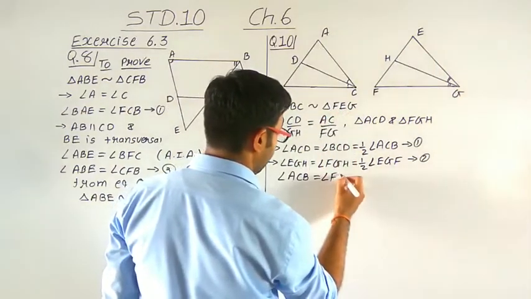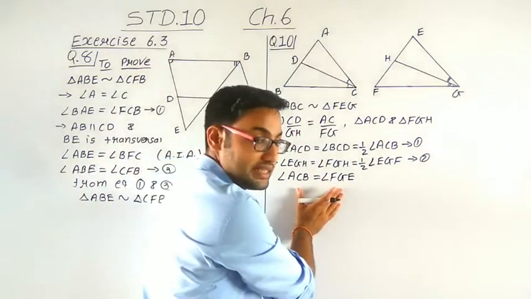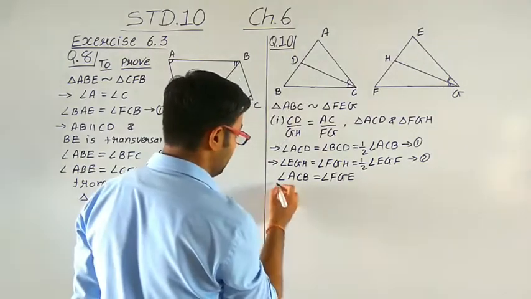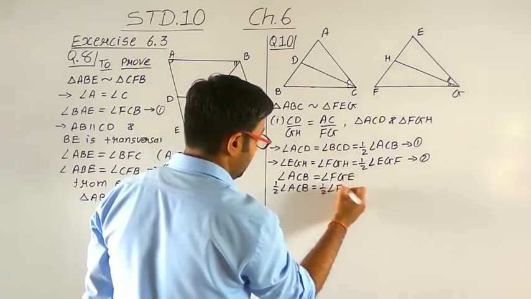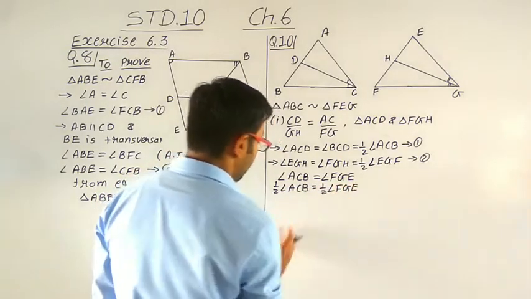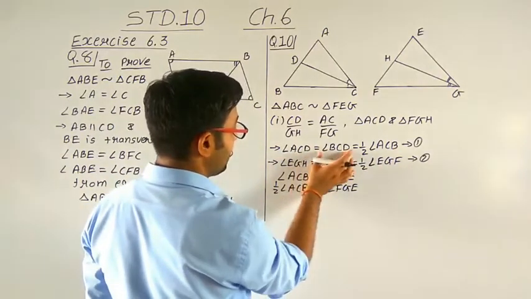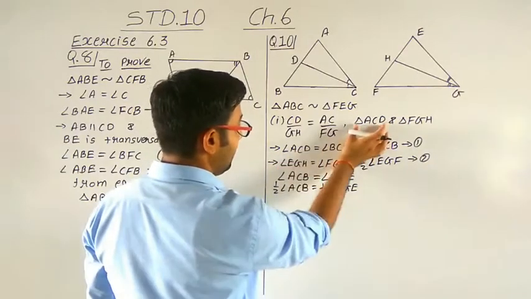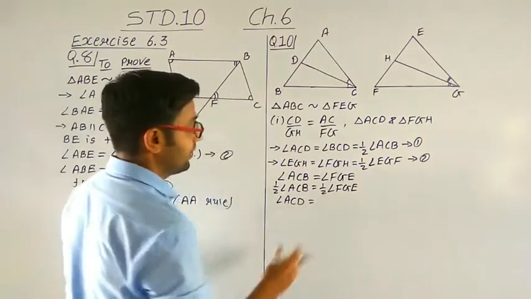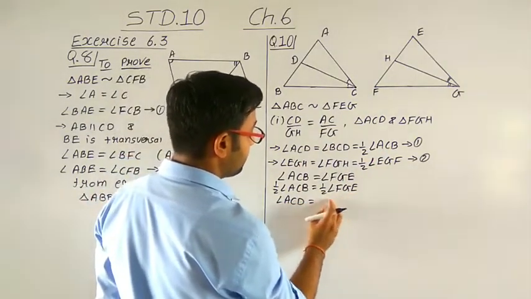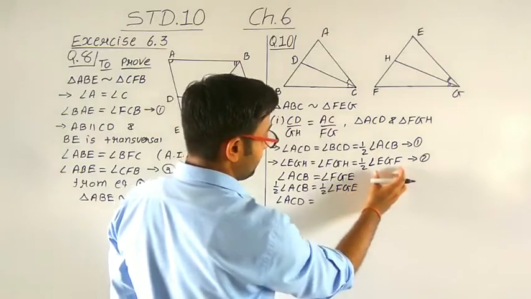Now, if the two angles are equal, then the halves are also equal. So one half of angle ACB will be equal to one half of angle FGE. Which angle do we require? We require angle ACB here, and here we require one half of FGE.